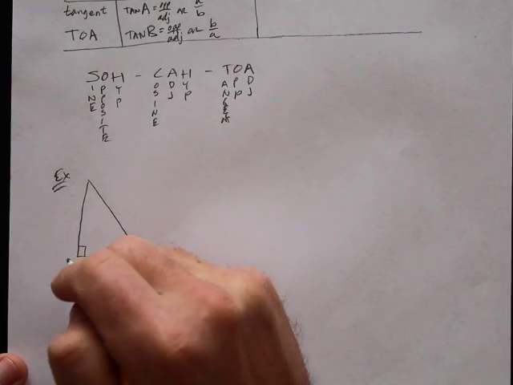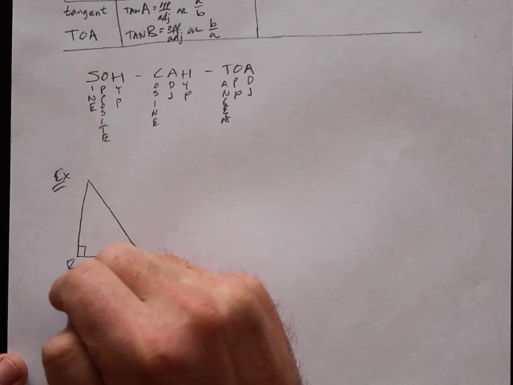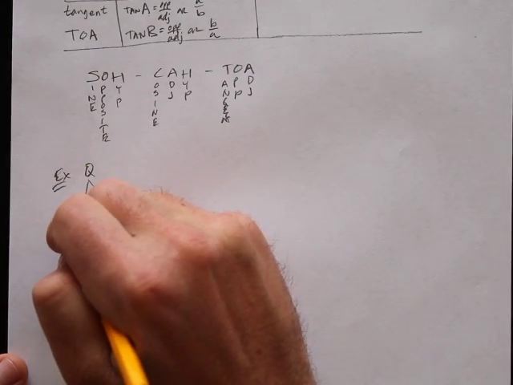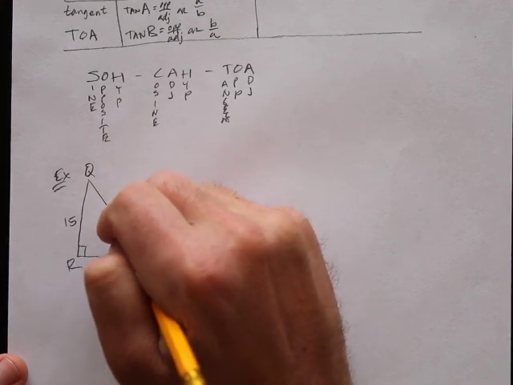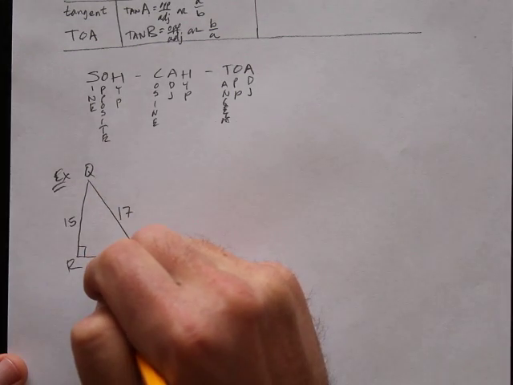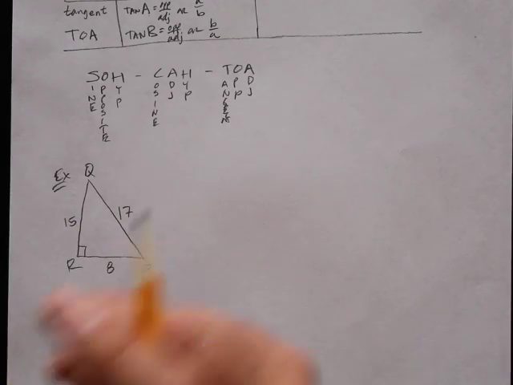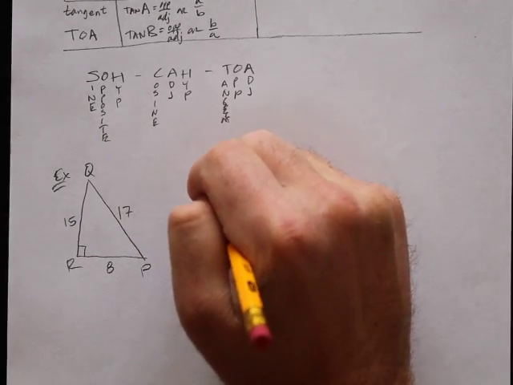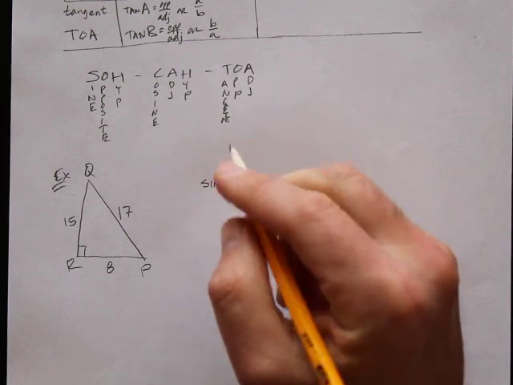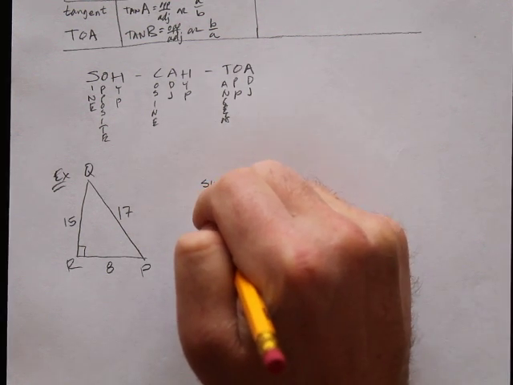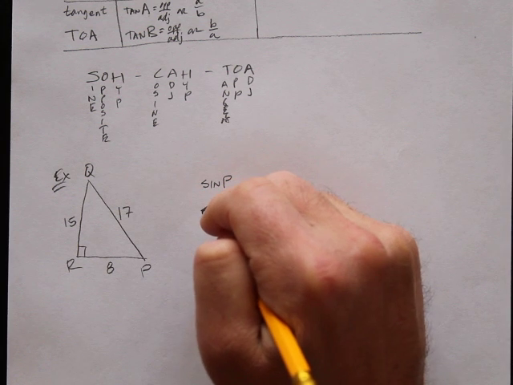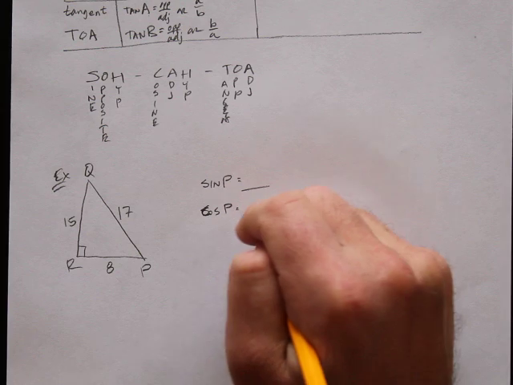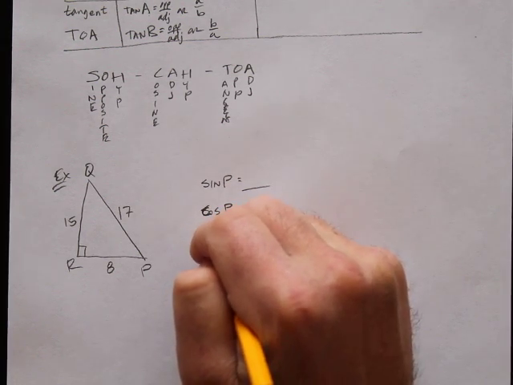So this is triangle PRQ, and RQ is 15, QP is 17, and RP is 8. Okay, now I want to know what is sine of P, cosine of P, and tangent of P.